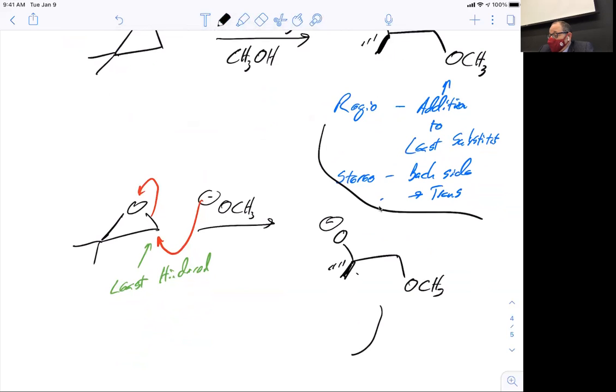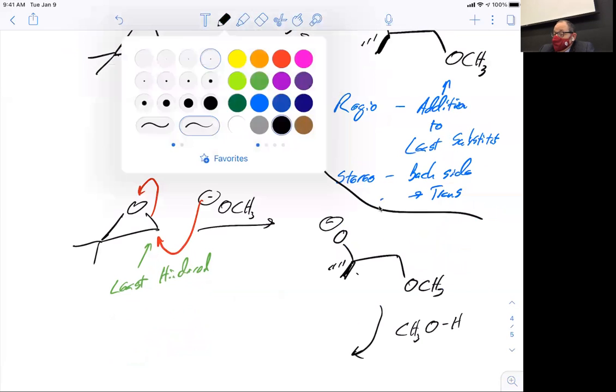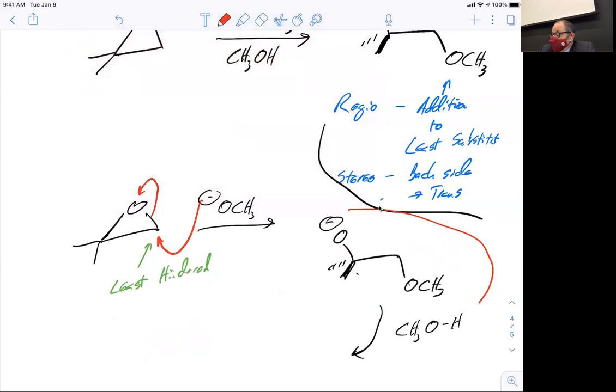And then I just do a proton transfer with my solvent to pick up a proton.